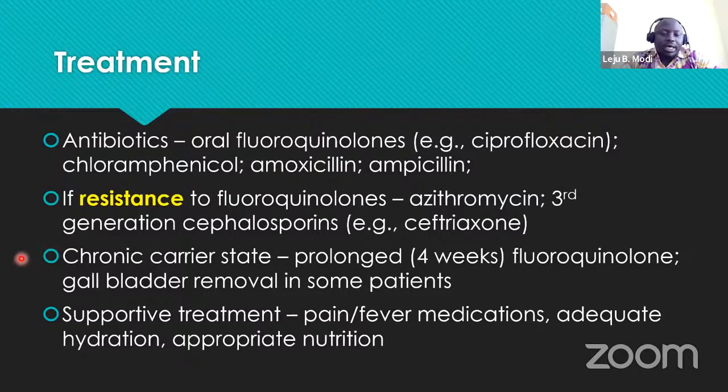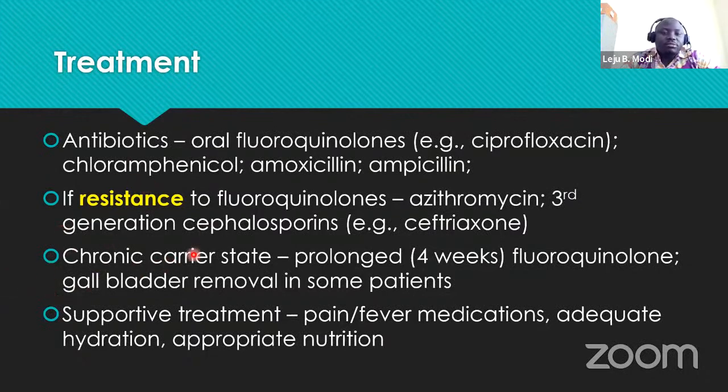If a patient has a chronic carrier state, so the bacterium is in the body and it is just there, they may need prolonged, 4 weeks, treatment with the fluoroquinolone. For some people, they may have cholecystitis, which is actually gallbladder inflammation, and in some cases that gallbladder might need to be removed altogether for the chronic carriers.